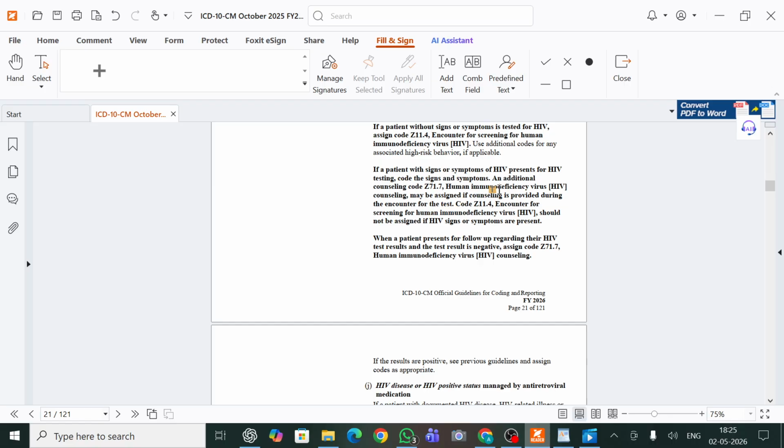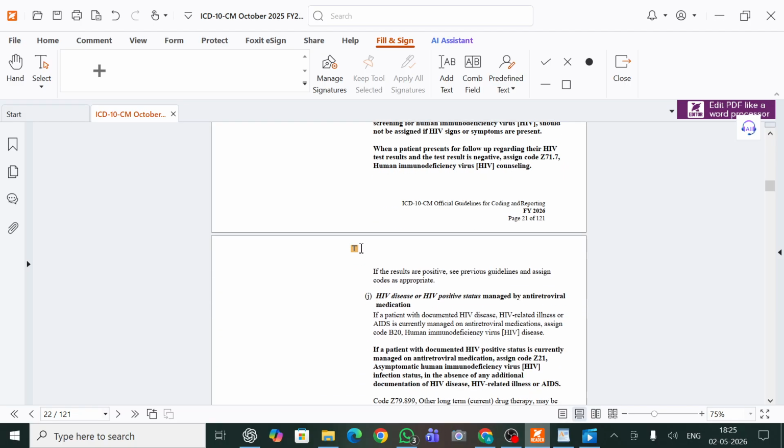Also, the doctor's counseling code is mentioned. So Z71.7 also we can code in that case, because the provider counsels them to go and check their labs. So this is counseling, and at that time we can code Z71.7 also.